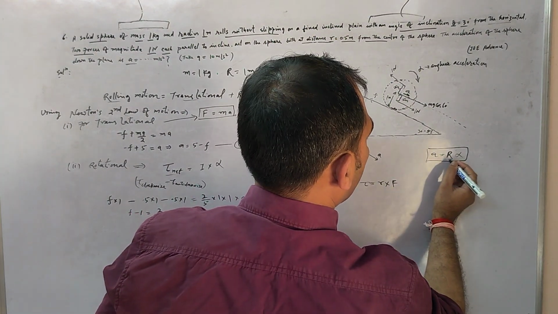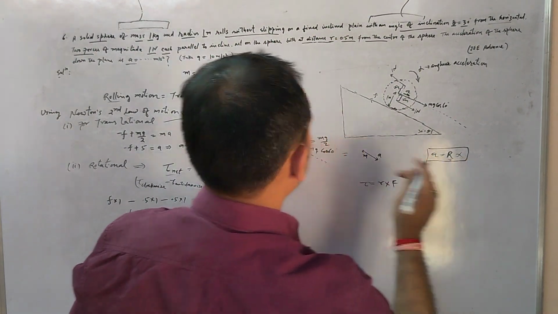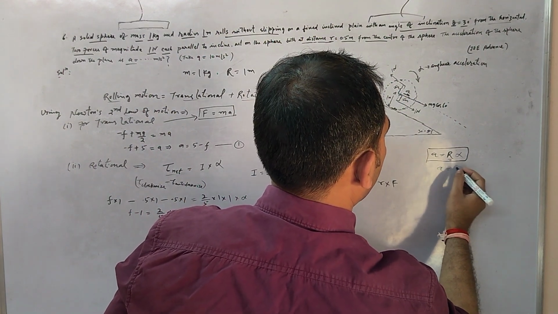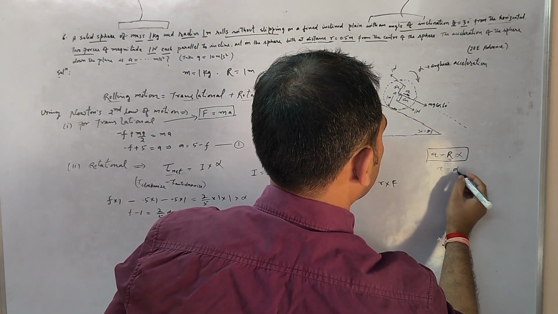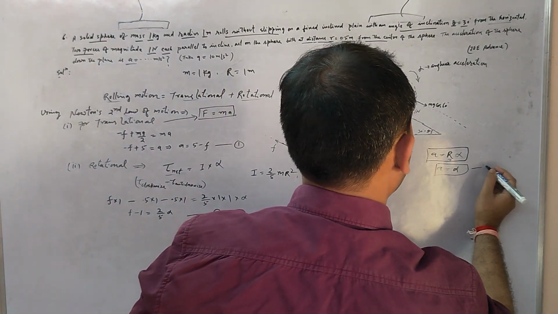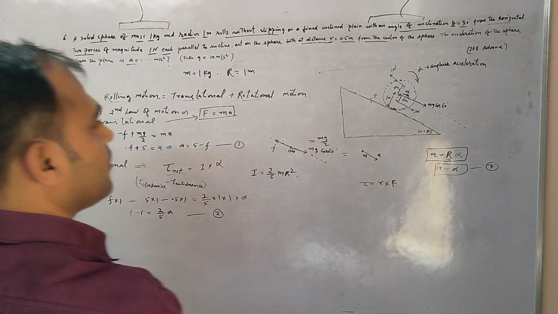Now what is the value of R? R is 1 meter, so A will be equal to alpha. This is our equation number 3.